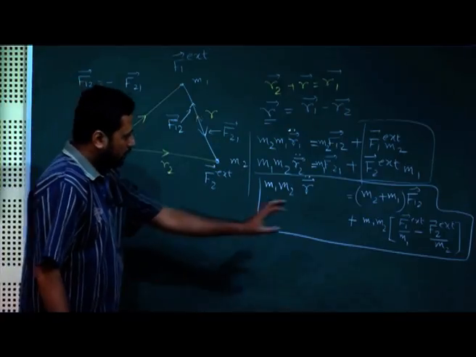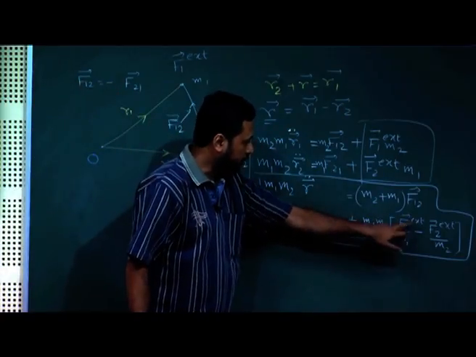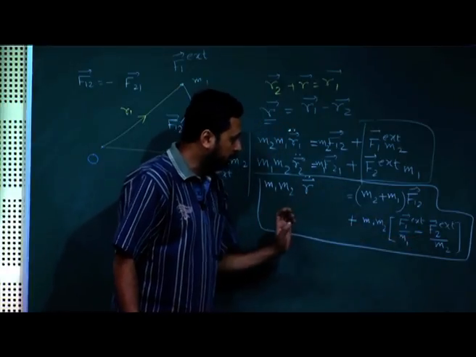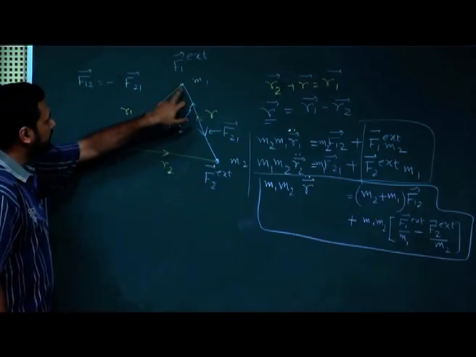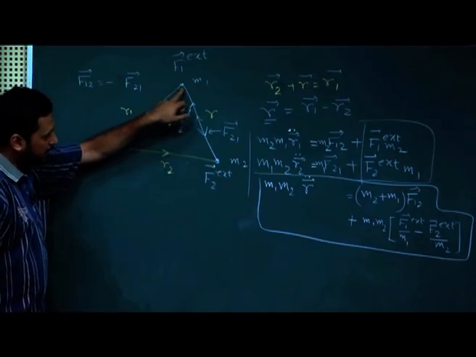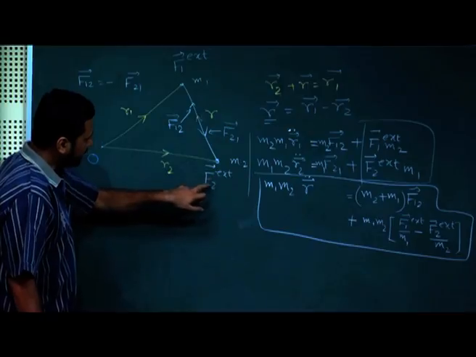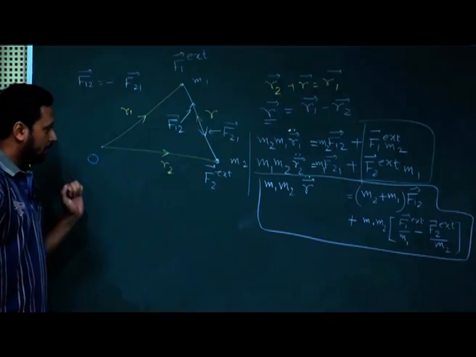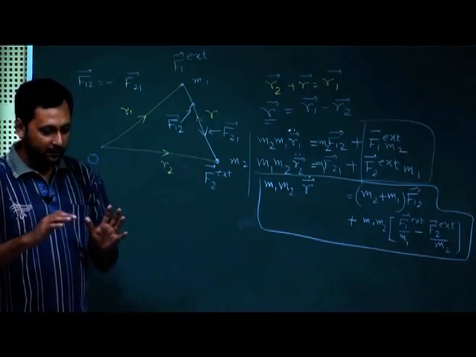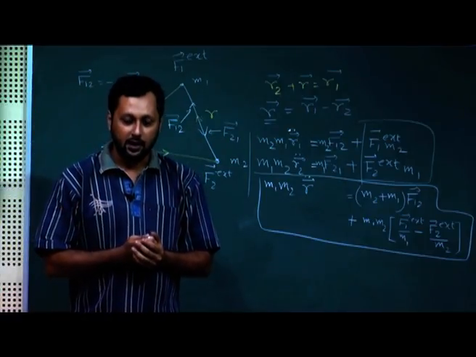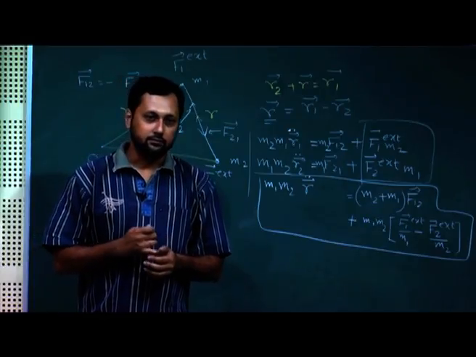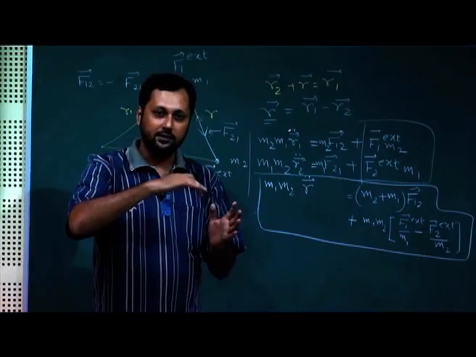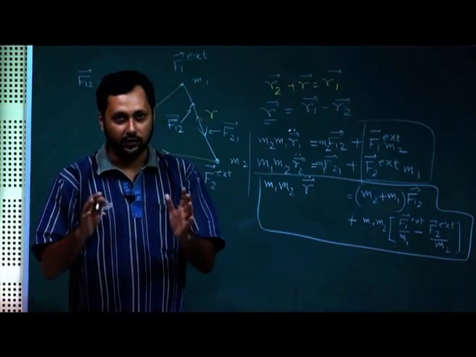Right. Now, look at this third term here, which is F1 by M1 minus F2 by M2. Now, F1 by M1 is what? F1 is the net external force acting on mass m1, and F2 is the net external force acting on m2. Now, consider this situation. Let us say we have this sun and earth system, somewhere in the galaxy. All the big stars and all the rest of the galaxies exert some force on this system.